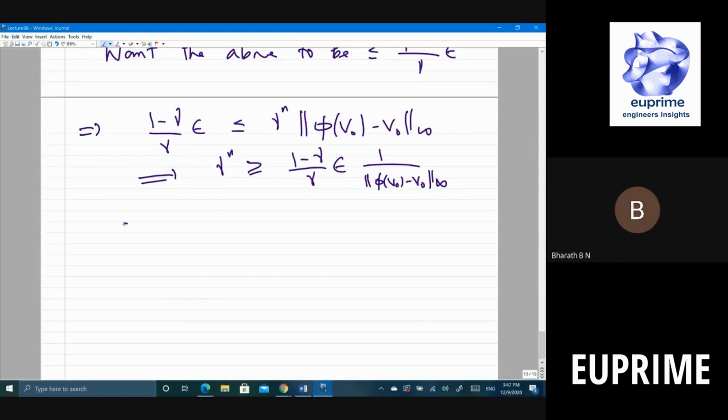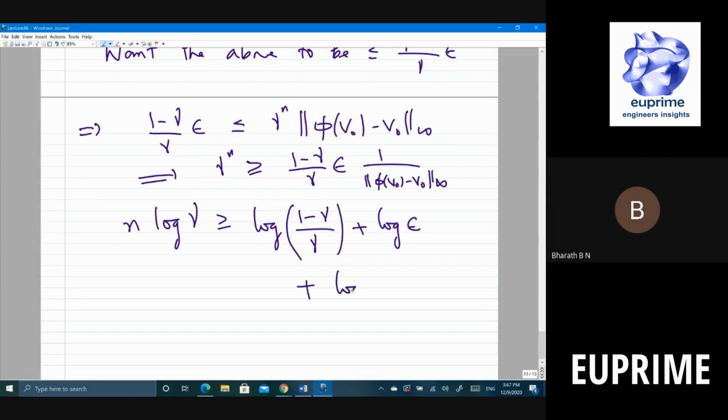So I'll take logarithm on both sides. n log nu is greater than or equal to log of (1 minus nu) over nu plus log of epsilon, minus log of the infinity norm of phi of v naught minus v naught. Okay, this is what you get.